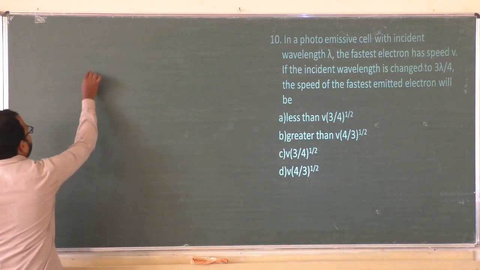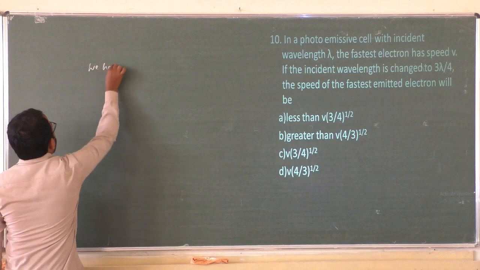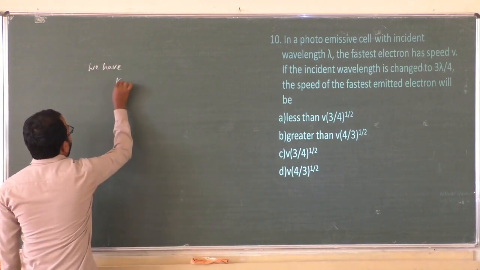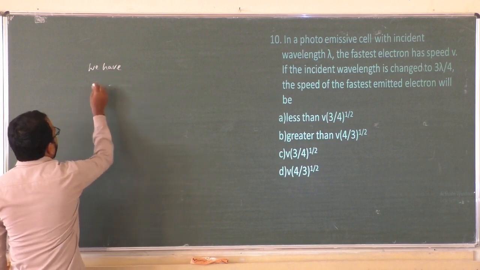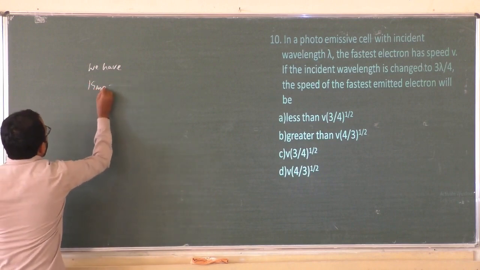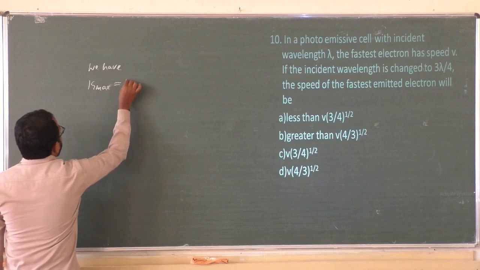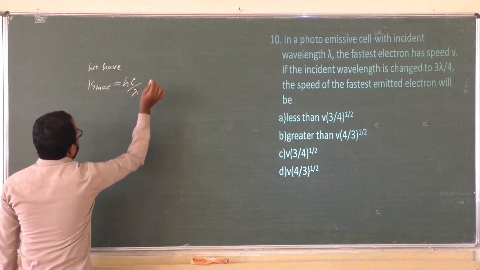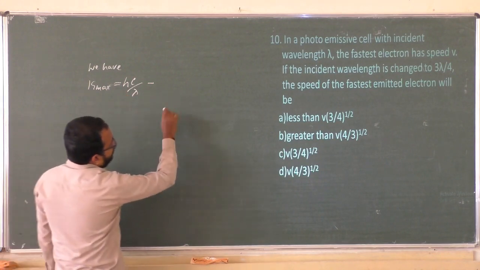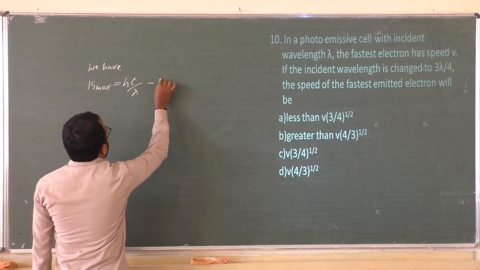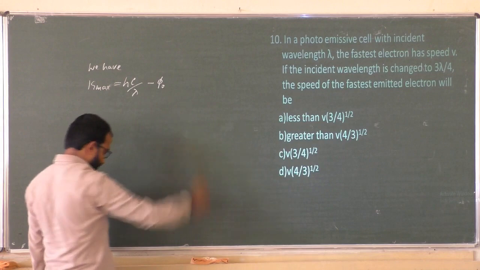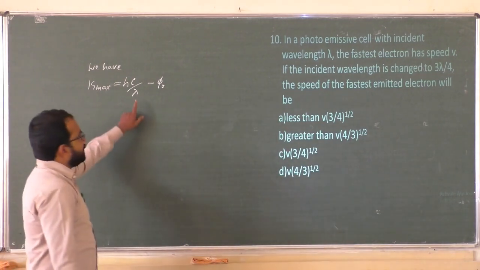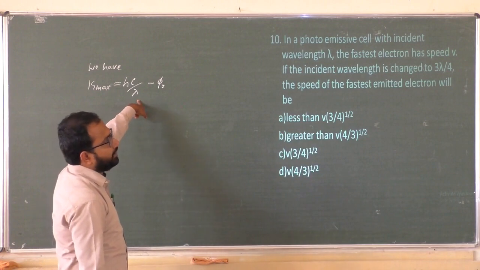So we have Einstein's photoelectric equation: K maximum is equal to h nu or hc by lambda minus phi naught, which is the work function. Lambda is the wavelength of incident radiation.